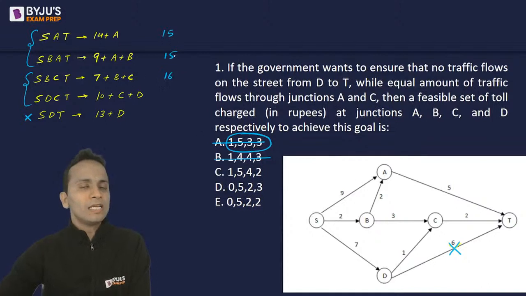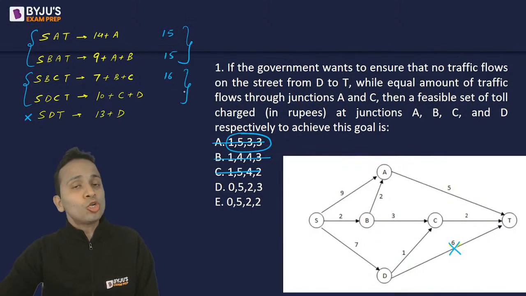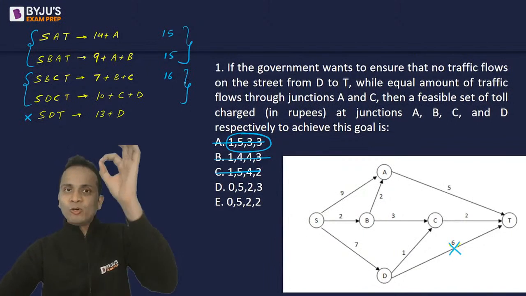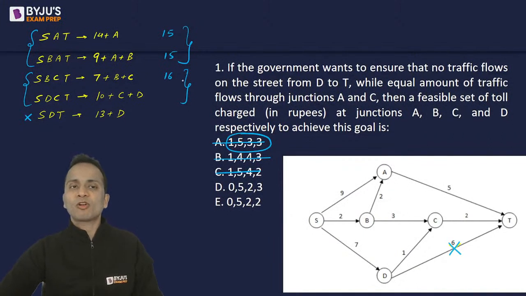Now first two are equal. So the next two should also be equal to 15. So this is differing. So I will not use this option. Option C is also eliminated. Okay. So if these two are equal, then these two should also be equal to 15. Then only the traffic will be equally divided across all the four routes. Okay. So option C is also eliminated.